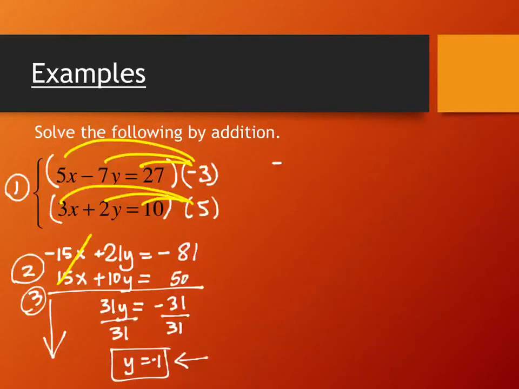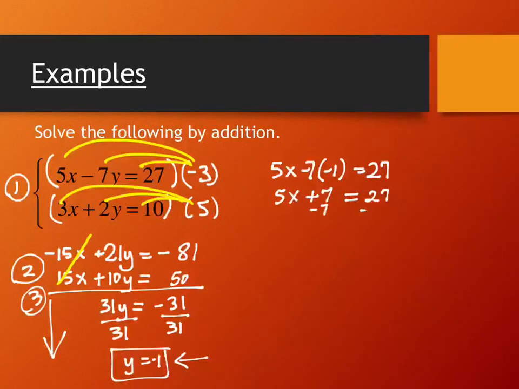So I'm just going to take the top one: 5x minus 7 times my y, which is negative 1, equals 27. If you do the second equation, you'll get the same answer. So this is 5x. Negative 7 times negative 1 gives me positive 7 equals 27. Then what?